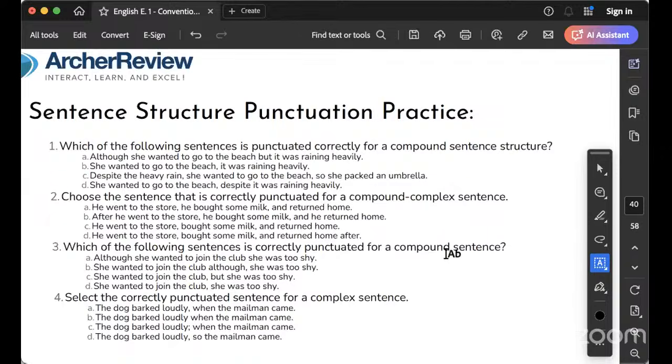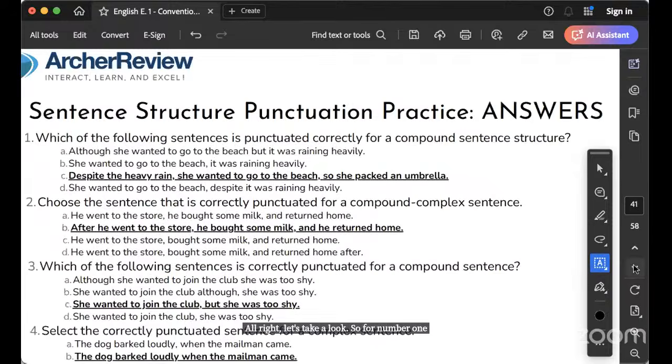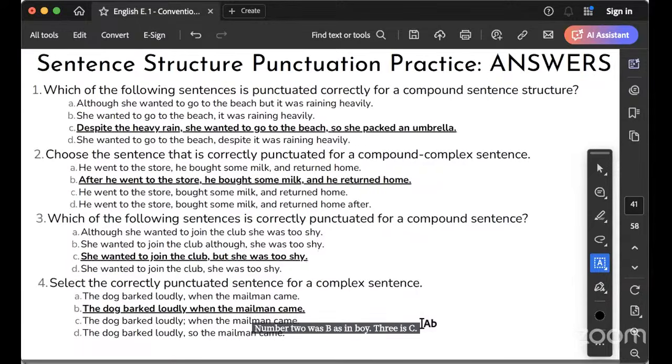All right, let's take a look. So for number 1, you should have put C. Number 2 was B as in boy. 3 is C. And 4 is B as in boy. So C, B, C, B. Any questions?